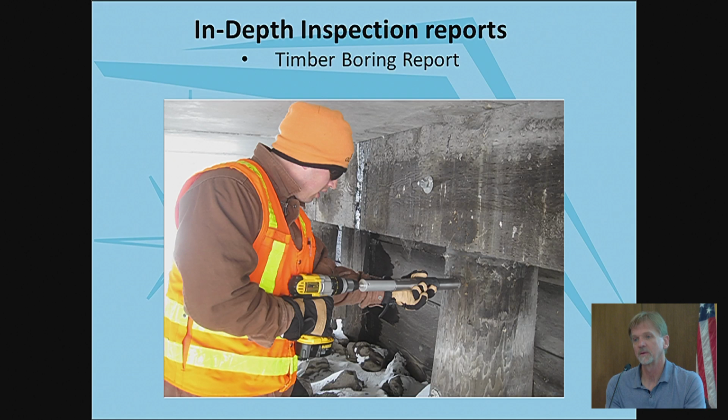And so you can also use an increment borer, but what we've done is we've bought what they call a resistograph. It measures the resistance. It looks like a piece of number 9 wire, with a small, high revolution bit at the end that goes through the timber member and measures the resistance in there.